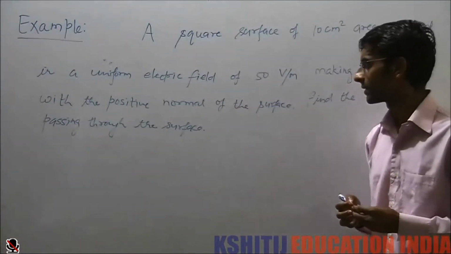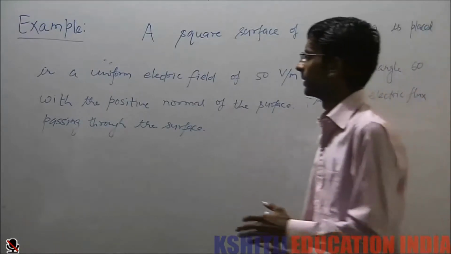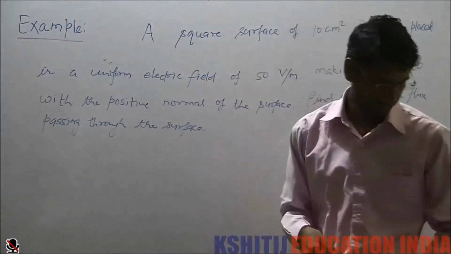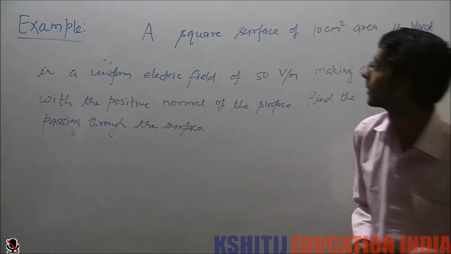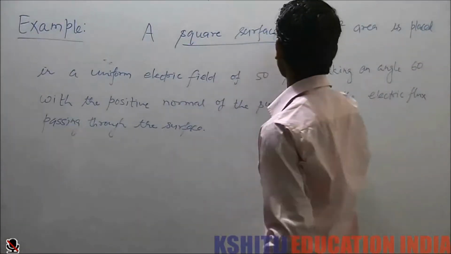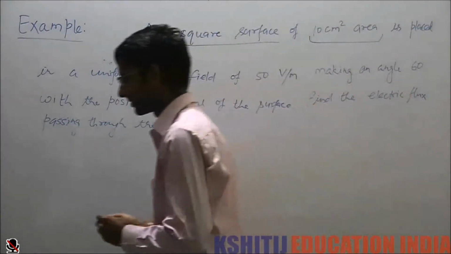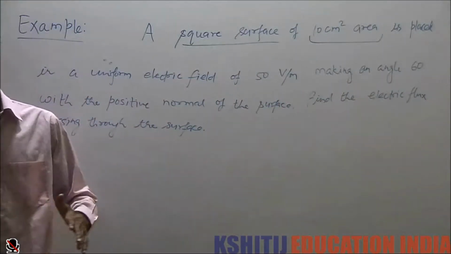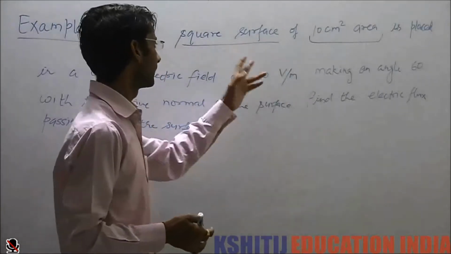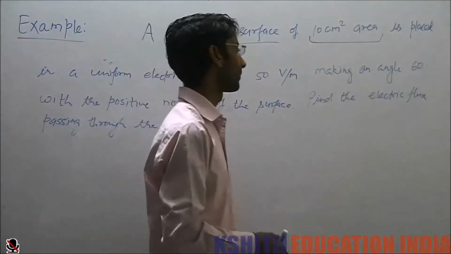So, the question is this, I am going to read it out. There is a square surface. The information given to us is that the surface area of that surface is 10 centimeters square.